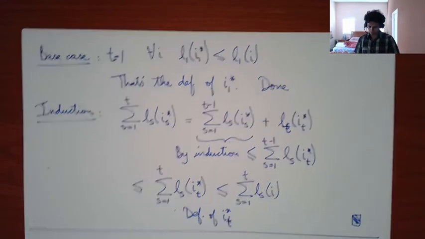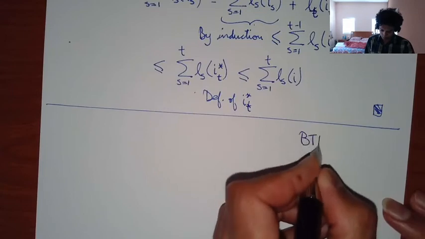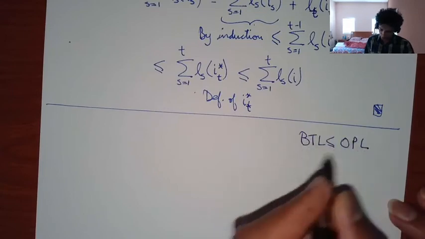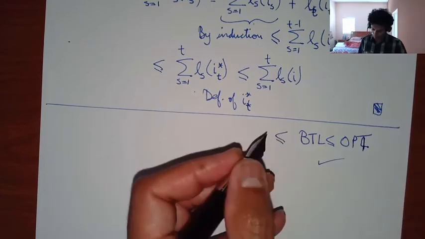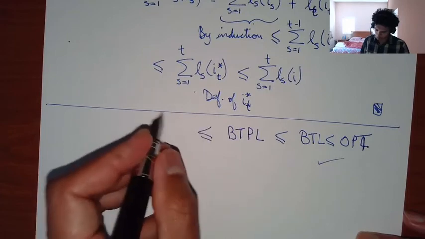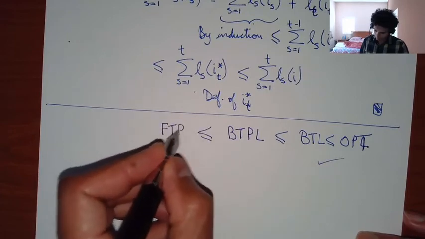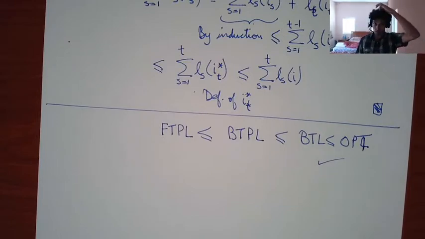Okay, so what we have right now is we've shown that BTL is less than opt. This is done. Now in our chain I have be the perturbed leader and follow the perturbed leader. So we have these two steps that need to be done.